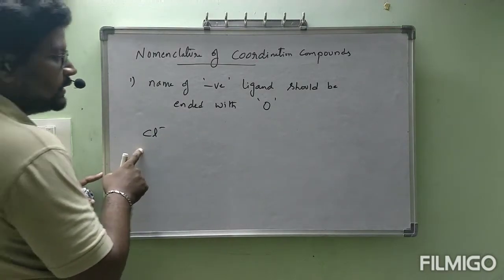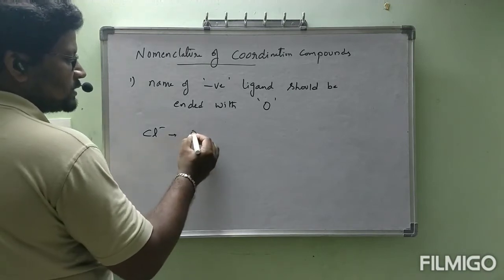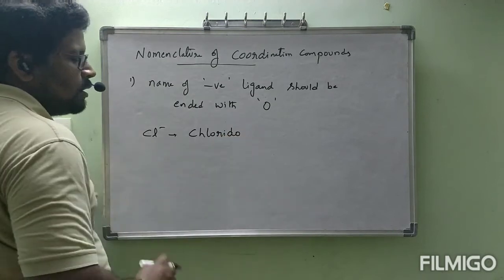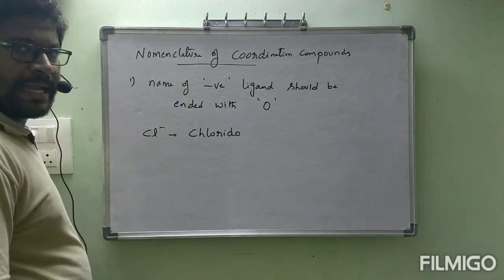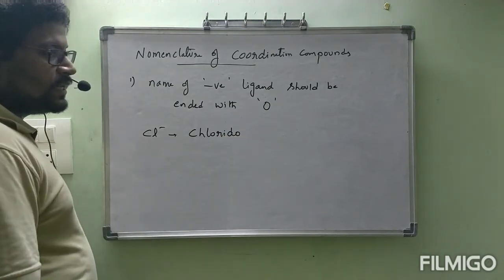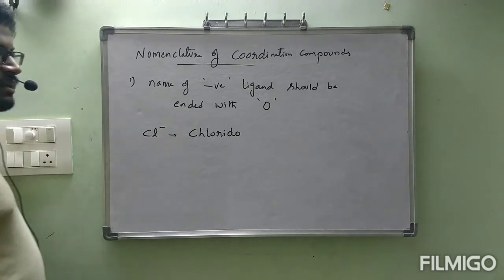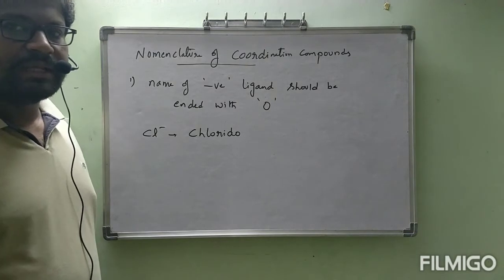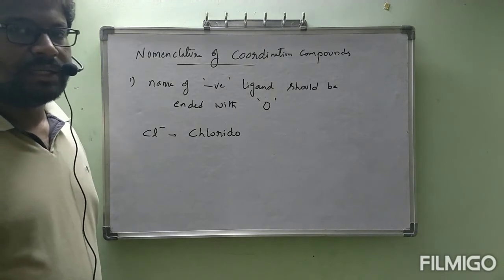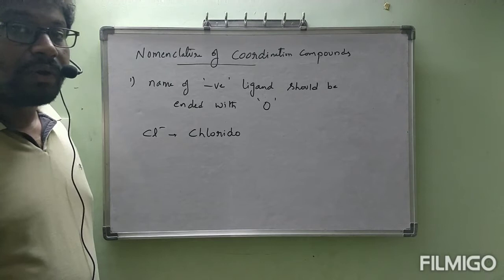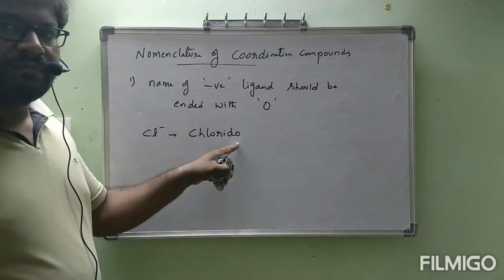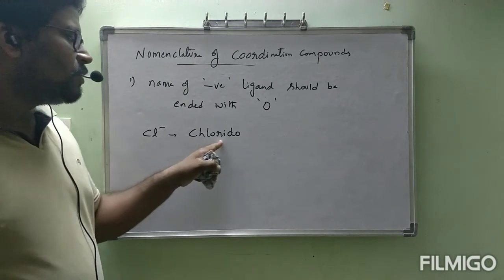It is a negative ligand, and the name of this one is chlorido. Generally in inorganic chemistry, if you have NaCl, in that Cl minus is the negative charge, so we say chloride. We will not say chlorine. Cl minus means chloride. For that chloride, we have joined with O and it became chlorido.